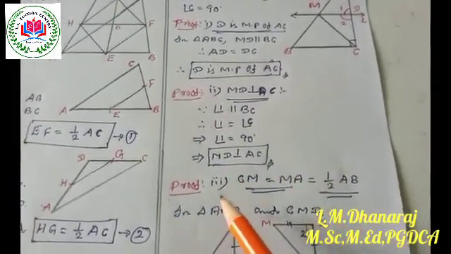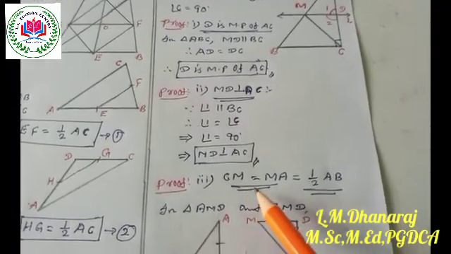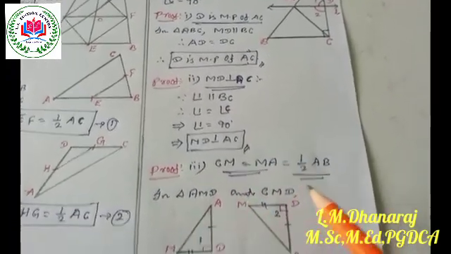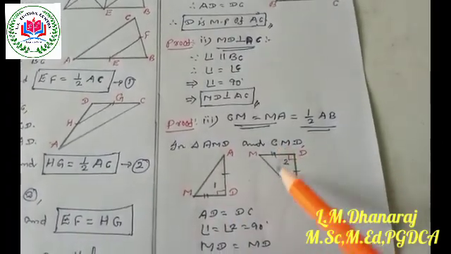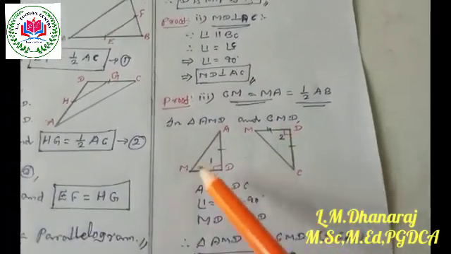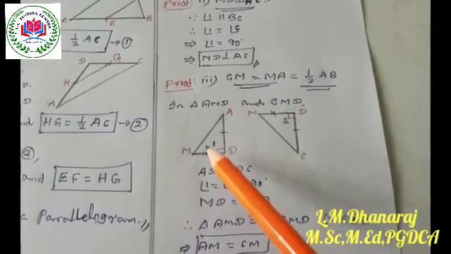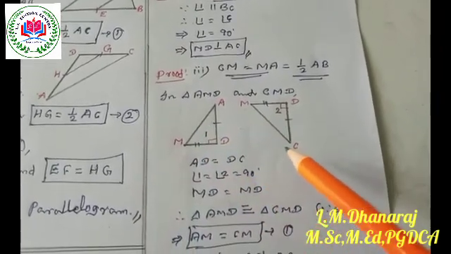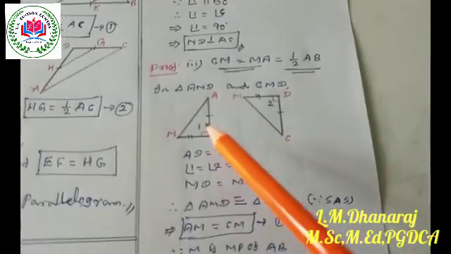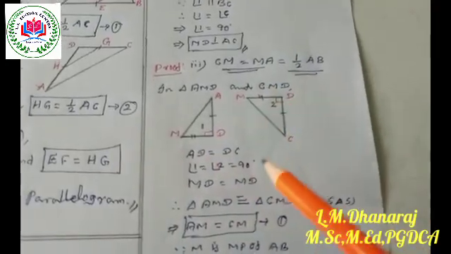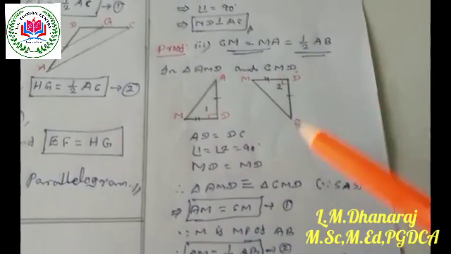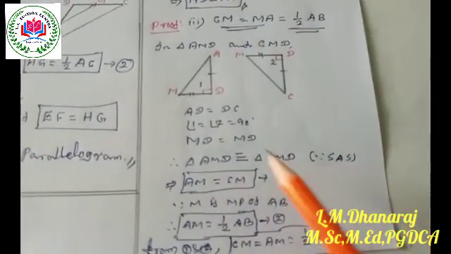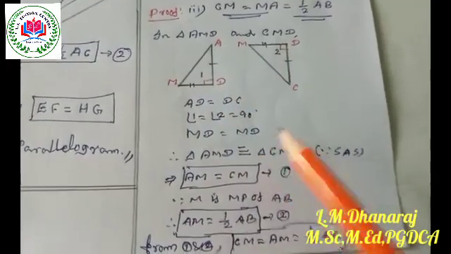Now for subdivision 3, CM is equal to MA is equal to half of AB. For this, let us consider the two triangles AMD and BMD. Now for these, AD is equal to DC, angle 1 is equal to angle 2, and MD is equal to MD. So by the SAS criterion, we can say these two triangles are congruent.